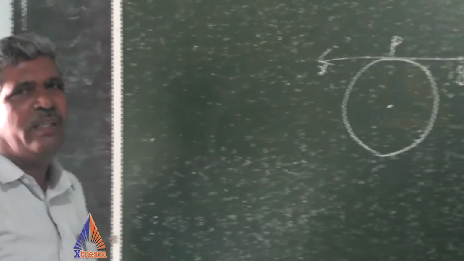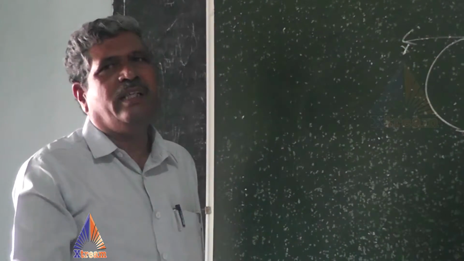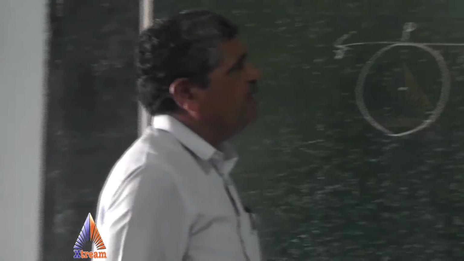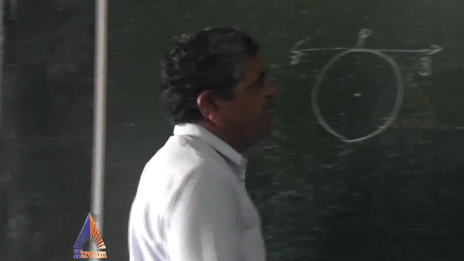At each point on the circumference of the circle you can draw only one tangent. In the second case, the point is inside the circle.